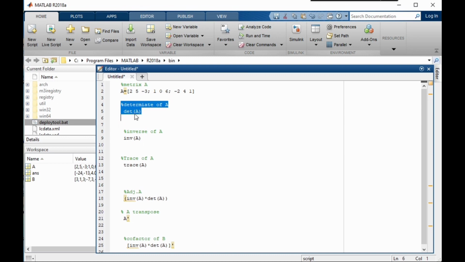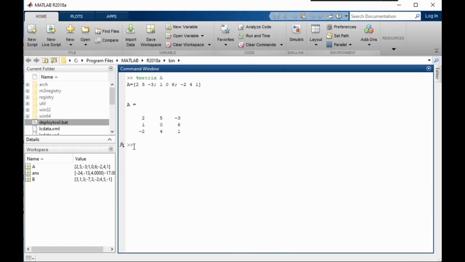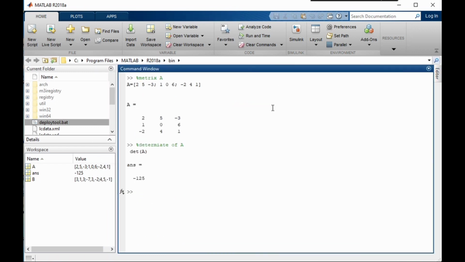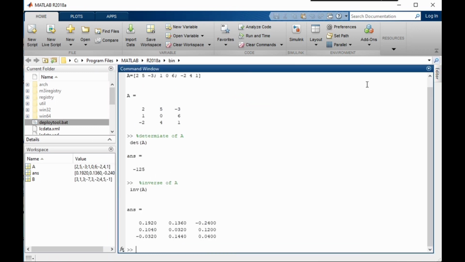Control plus C to copy, and then Control plus V to paste. That has also given us the calculation. And let's continue. We go to the inverse, and Control plus C to copy, and then Control plus V also gives us the answer.